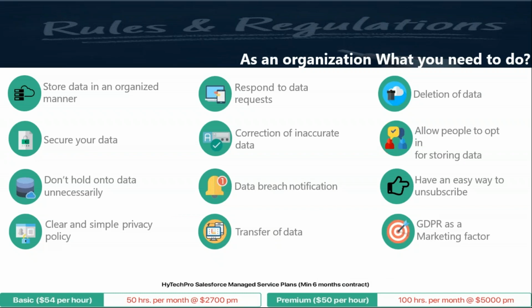You have to be clear and simple within privacy policies. You have to respond to data requests. If a client wants to know what kind of information we have on them, it's important to respond to that data request. Correction of inaccurate data, data breach notifications. If there's a data breach, it's important for the owner of the data to know that there's a data breach.